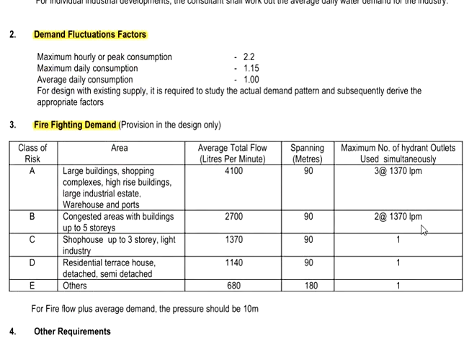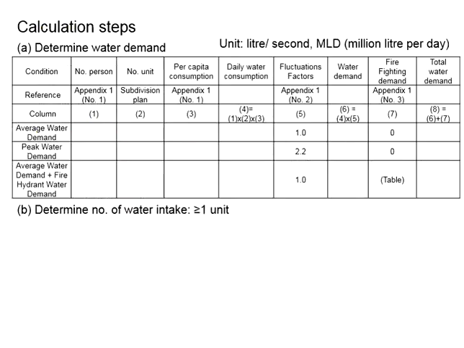Whereas when it comes to the firefighting demand, it is liters per minute. Because of this, you will need to make sure both of these are in the same unit before you can add them up together. Also, you will need to determine what will be the unit to represent the total water demand. Is it going to be in liters per second or million liters per day?